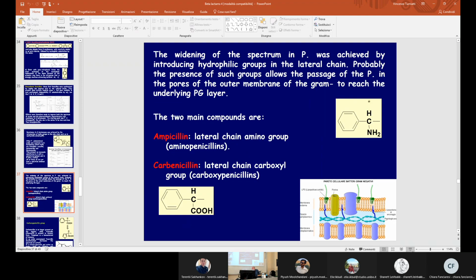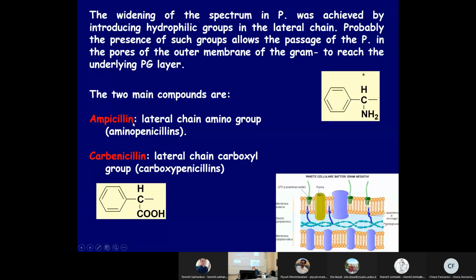Okay, here you can see two examples of the more hydrophilic penicillins, aminopenicillins, called also ampicillin, and carbenicillin, a carboxypenicillin.